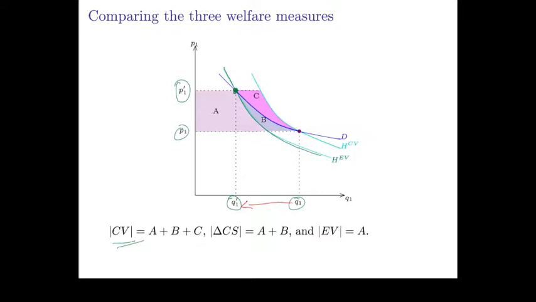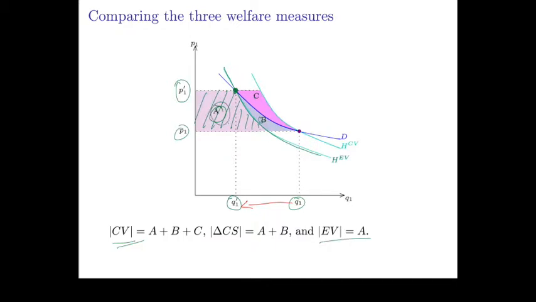And the equivalent variation is the area between the two prices below that demand curve. So it's going to be just this area A. So graphically, we can see here that the compensating variation is areas A, B, and C. The change in consumer surplus is areas A and B, whereas the equivalent variation is only area A.